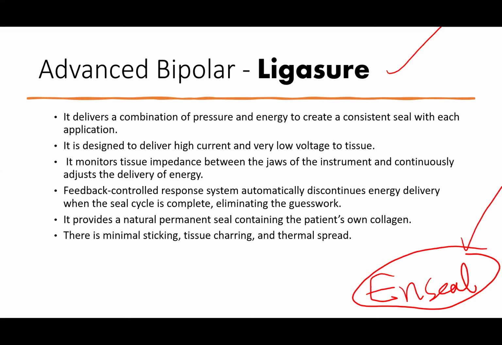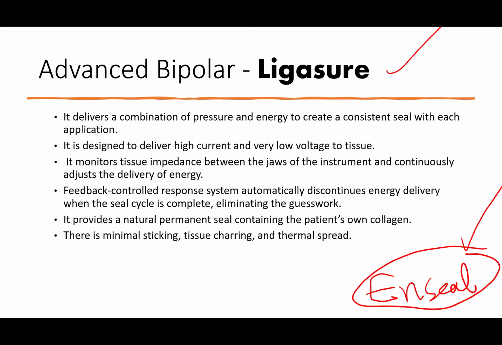It monitors tissue impedance between the two jaws of the instrument and continuously adjusts the delivery of energy. Once you apply it, it is designed in such a way that it does not deliver excessive energy that will cause tissue damage. Why?